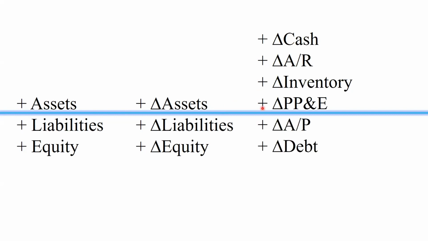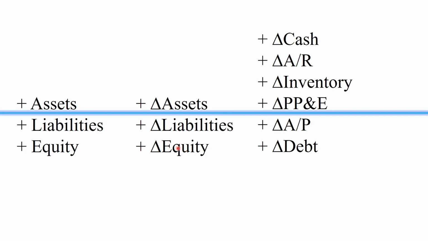Then in the bottom of the line, for liabilities, I'll split liabilities into 2 parts. The change in accounts payable, which is kind of an operating liability, and the change in debt, which is a financing liability. And by the way, PP&E here is an investing asset, whereas inventory, accounts receivable, and cash are operating assets.